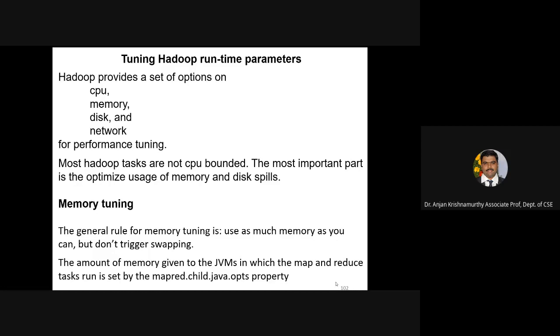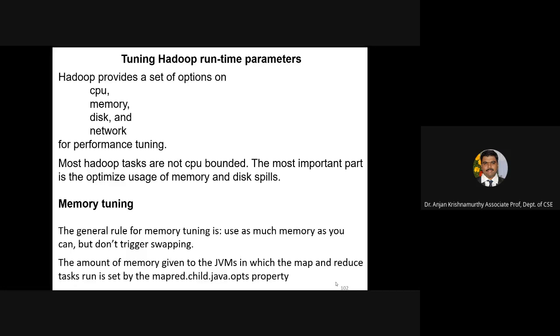If the performance has to be improved, the individual CPU cycle should be good. You must have a large memory, a good amount of storage space in disk, and a high-speed network. These were the 4 important parameters, and the options set with these parameters are what the performance will depend on.